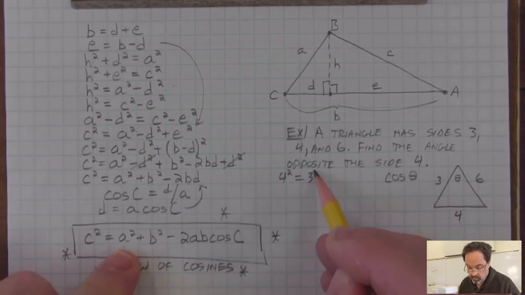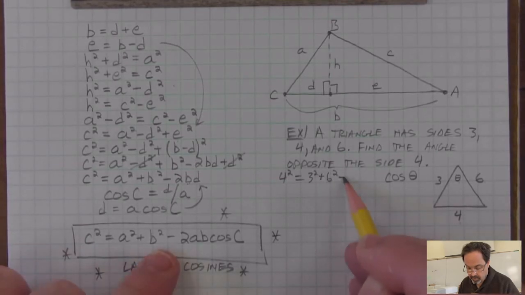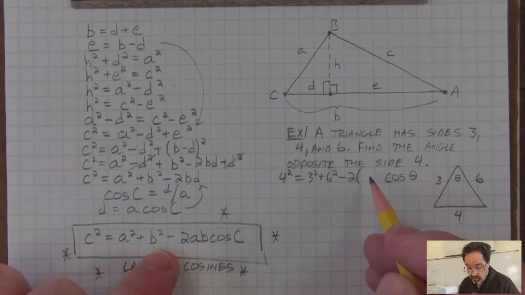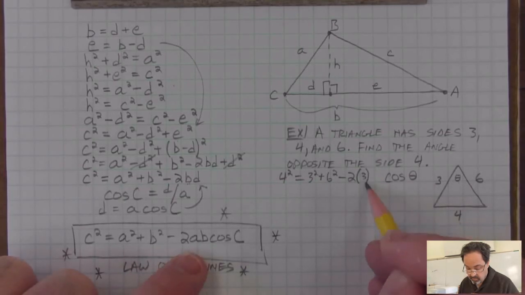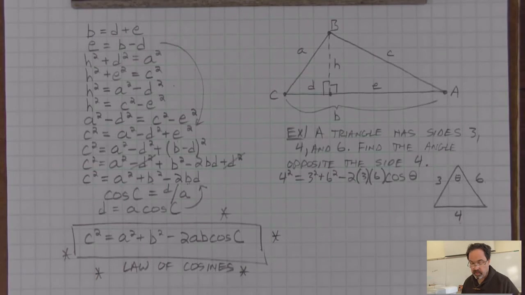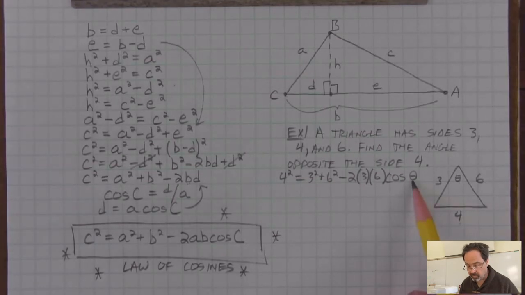So I'm going to write 3 squared plus 6 squared minus 2 times that side A again times that side B again. So I have plugged in my values into the law of cosines. There is one unknown, theta. It's that angle that is opposite the side that was chosen here to be 4. And I'm going to solve for theta.